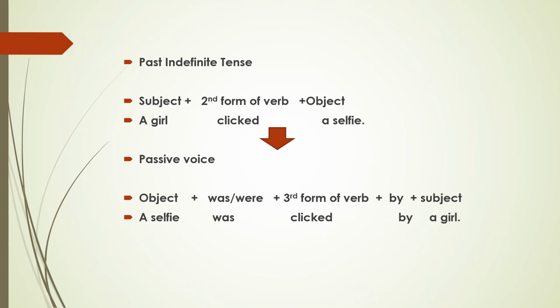But when you convert it into passive voice, the object will appear in the beginning, then it will be followed by was and were, that are the helping verbs of the past continuous tense, then it will be followed by the third form of verb, then by, and then the subject, right? For example, the same sentence given in past indefinite tense, a girl clicked a selfie, will be changed to passive voice like this: a selfie was clicked by a girl, right?